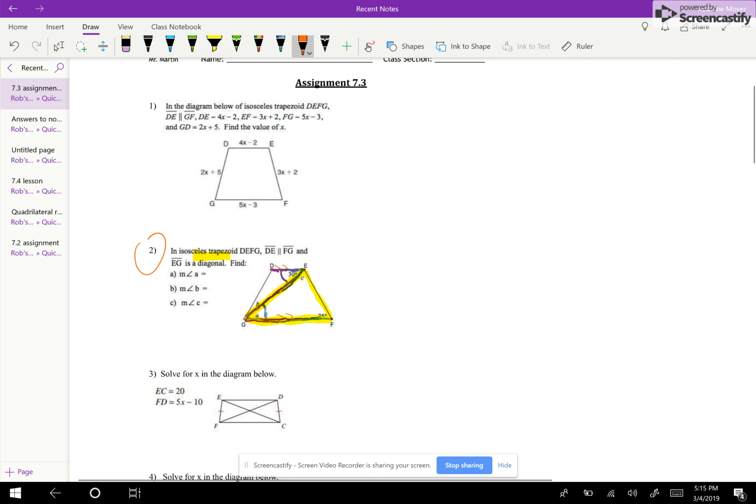So you should also be looking at the fact that either adding B plus A equals this, or B plus A is supplementary to this to find angle D. Oh, I guess you didn't have to actually find angle D, right? A, B, and C. Oh, well, you may need angle D to find B, or you need to realize that these two are base angles. Okay.